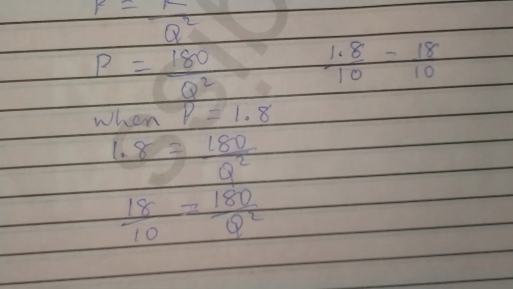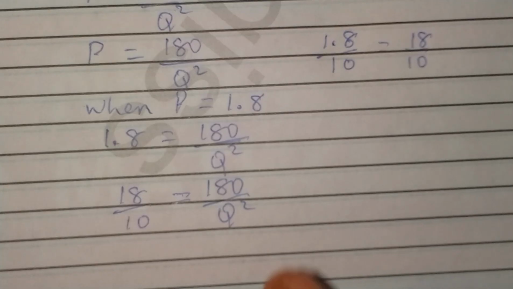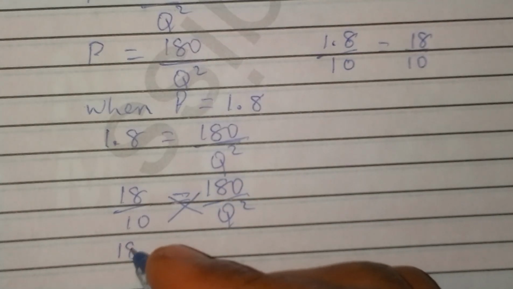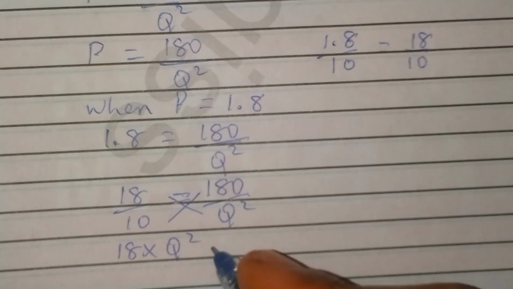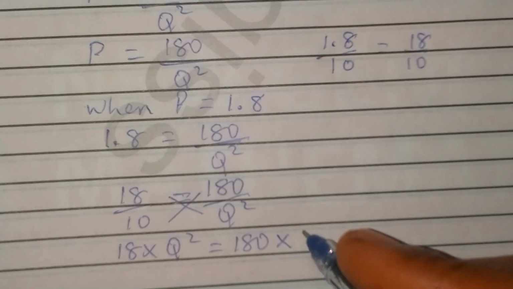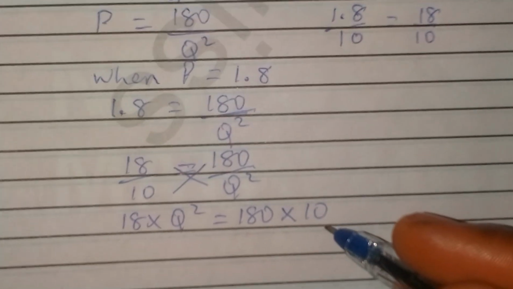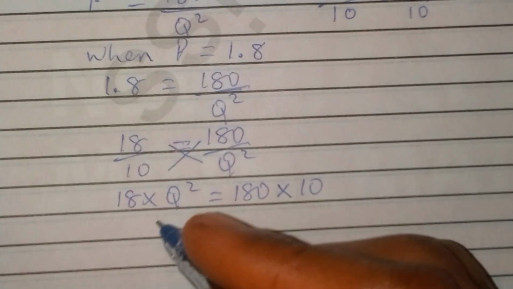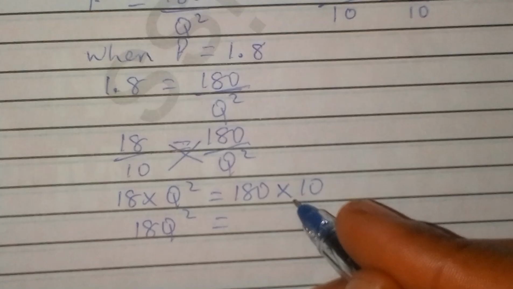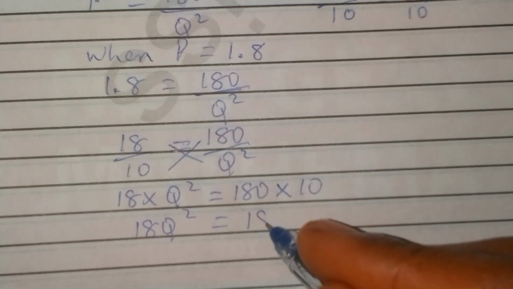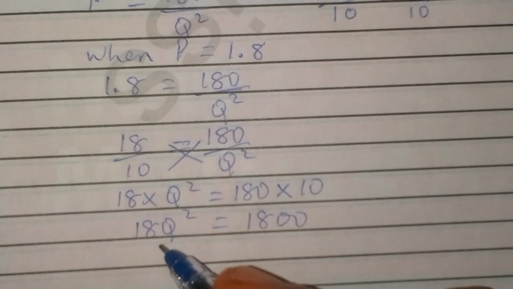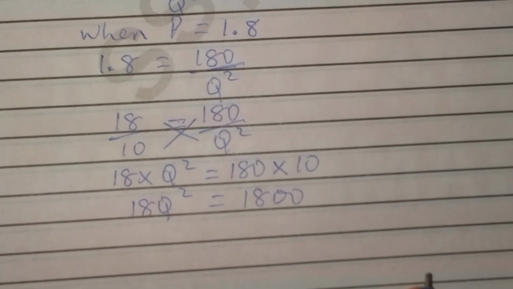So now, for us to get the value of q, we can cross multiply. So we have 18 times q squared, which is equal to 180 times 10. That gives 18 q squared equal to 1800. For us to get the value of q squared, divide both sides by 18.